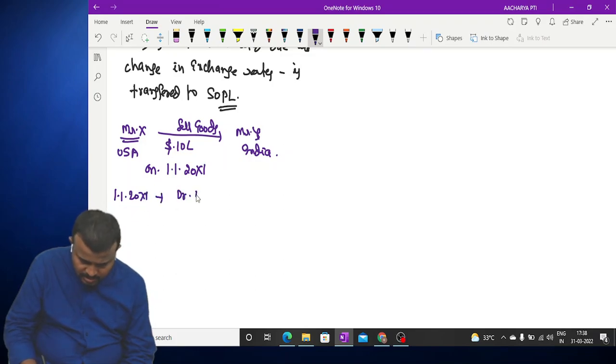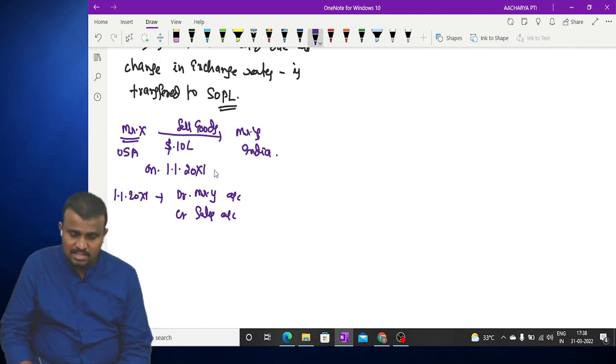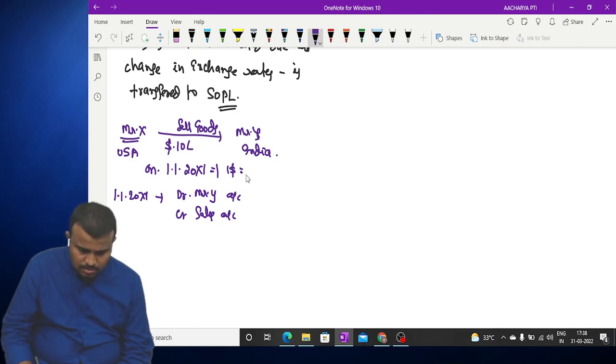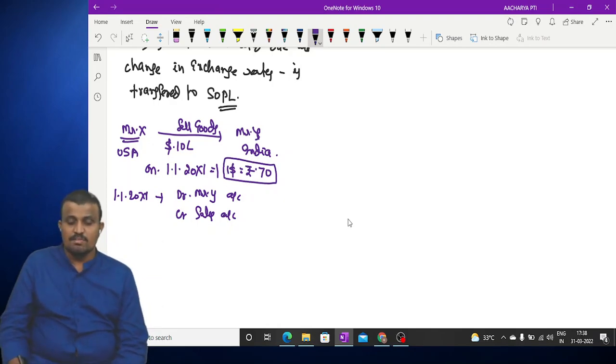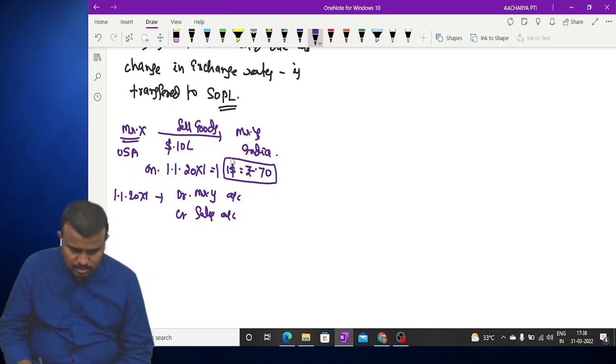Debit Mr. Y account, credit sales account. On this day, $1 is equal to 70 rupees.